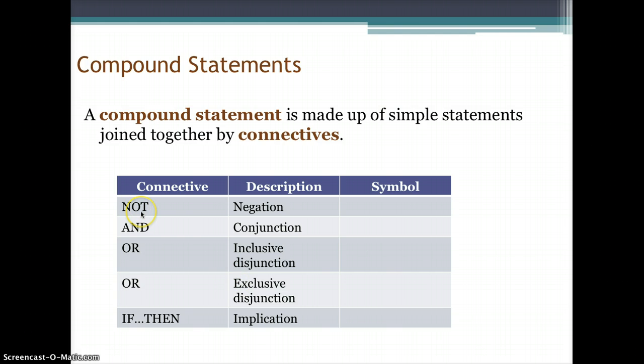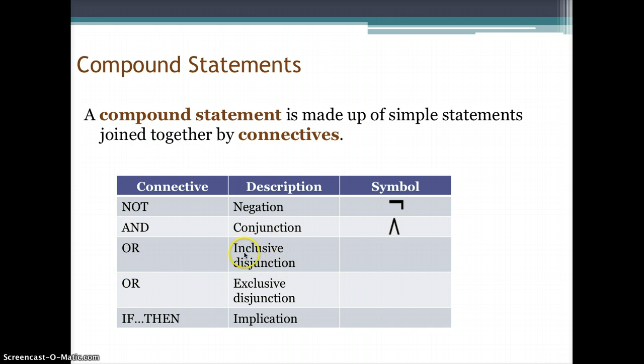Okay. So not, the connective not means negation, and it has this symbol. The second one is and, we call it conjunction in logic, and the symbol is this one. The third one is or.